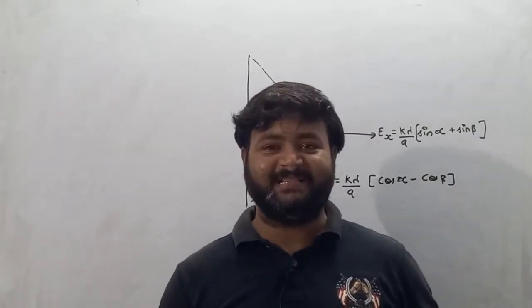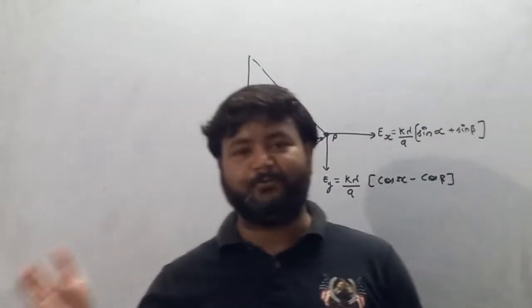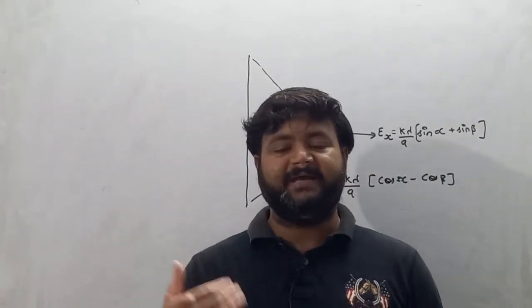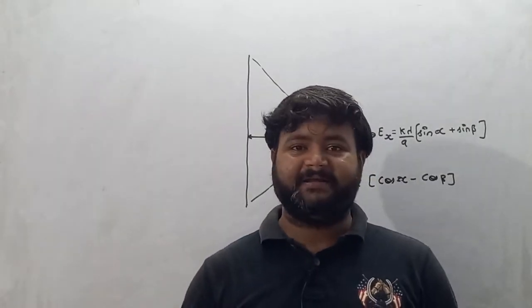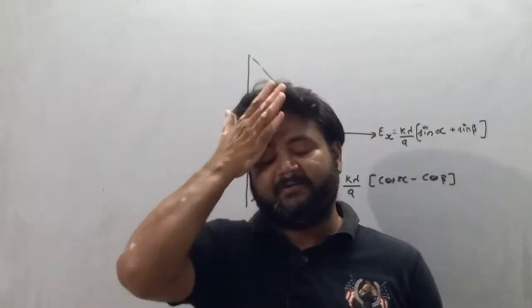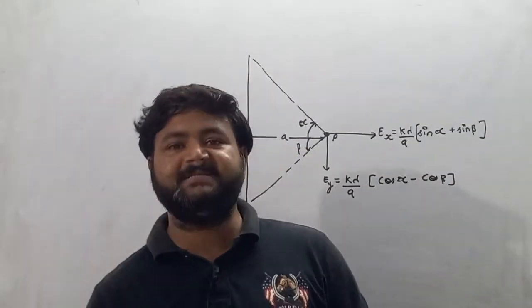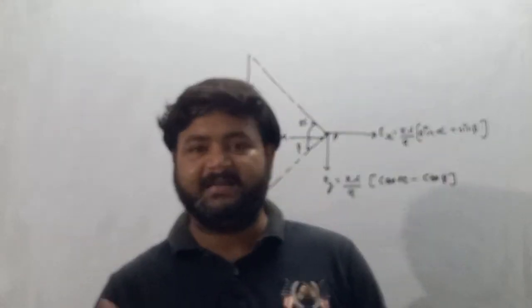It's your 14th lecture and we are discussing electric field due to continuous charge, in which our first application is electric field due to finite length wire. I already told you that finite length wire means the physical parameter is length, so the charge distribution is linear charge density, or lambda.